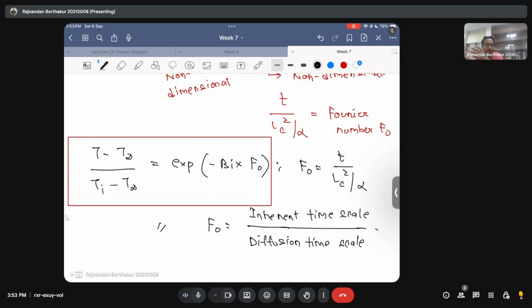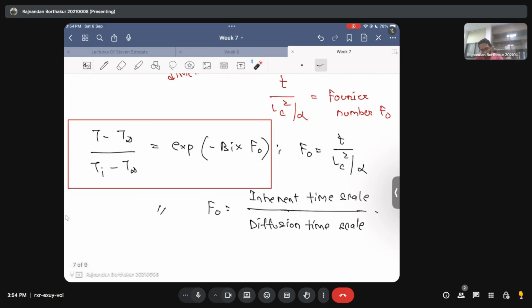The Fourier number dictates two time scales: the inherent time scale, which is the time the body takes to equilibrate its temperature with the ambient, with respect to the diffusion time scale of the body. So you can also infer that your lumped model is valid for low Biot number. As I just said, your Biot number has to be less than 1, and in principle it has to be less than 0.1.